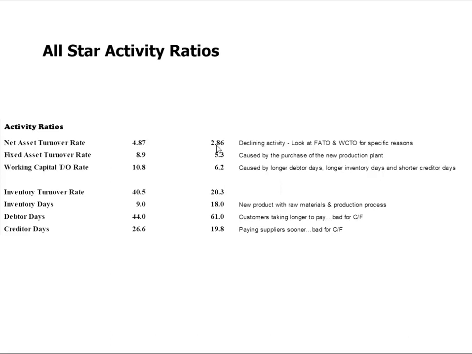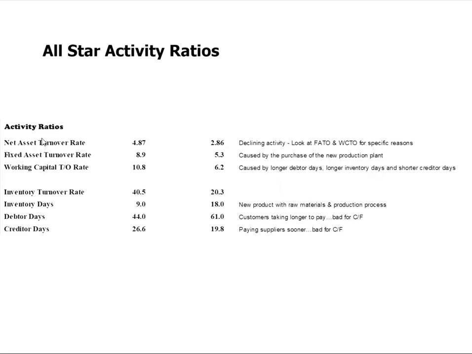However, in any year in which a business is investing heavily in new assets, it is typical that we would see this decline. We might expect in the following year, 2019 for All-Star, that this ratio would hopefully start to trend back up as they increase their sales without having to invest in new assets.